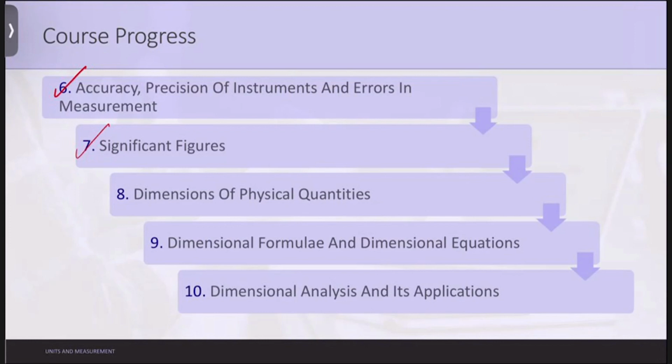Then the last three concepts were based upon dimensional analysis. We understood what the dimension of a physical quantity is, what the dimensional formula is, what a dimensional equation is, and one application of dimensional analysis was utilized here. Experiments were first done, and it was found that the time period is related to mass, length, and gravity.